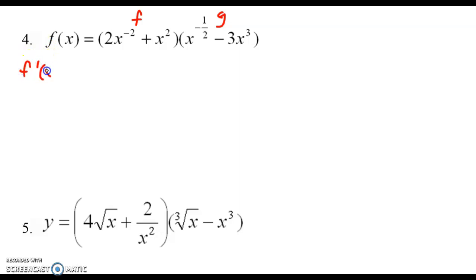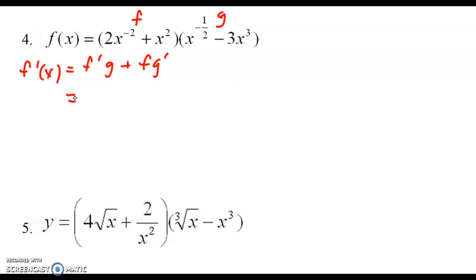So we've got the derivative here. We take the derivative of f, we multiply it by g, we add that to all of f multiplied by the derivative of g. So let's go through this.